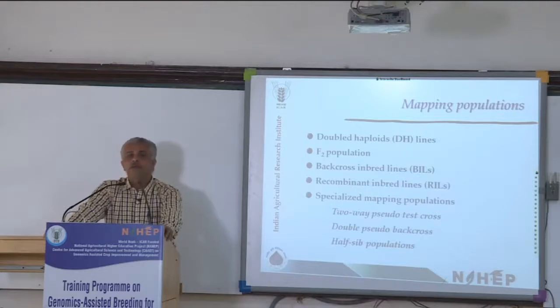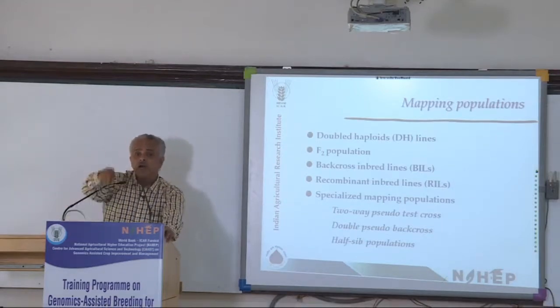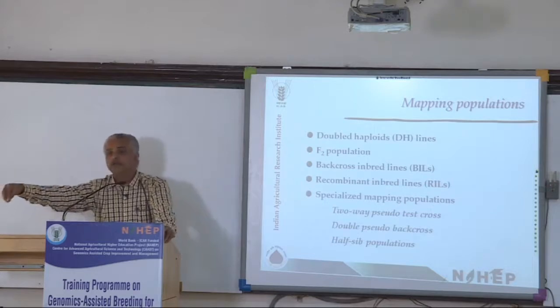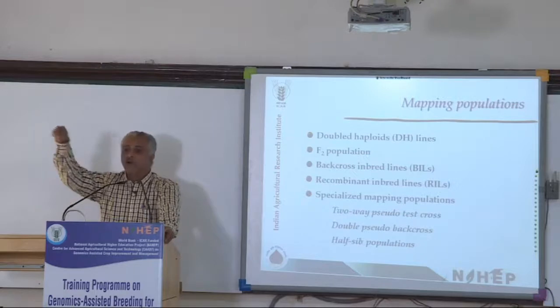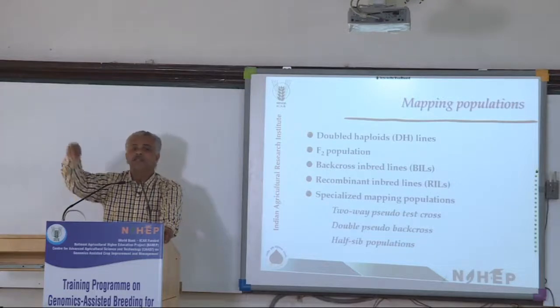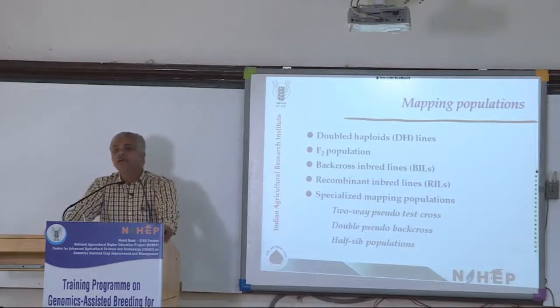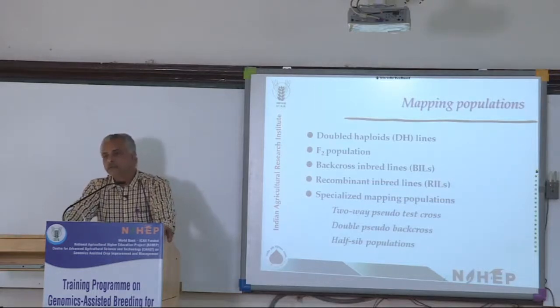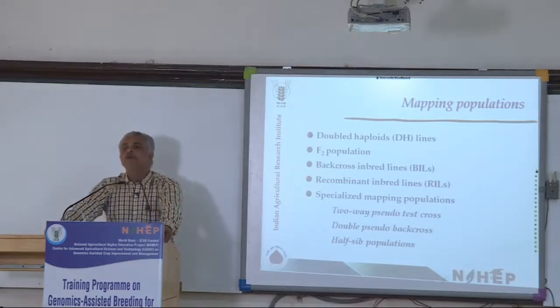We are doing statistical analysis of the data so that we identify the probability of one marker being associated with the trait better than the others, the one which is more likely to be associated with the trait. This is what is called the maximum likelihood method in statistics, the identification of the best likelihood.